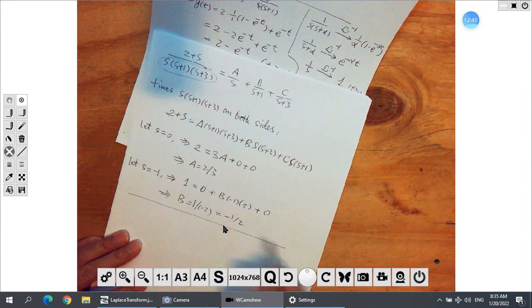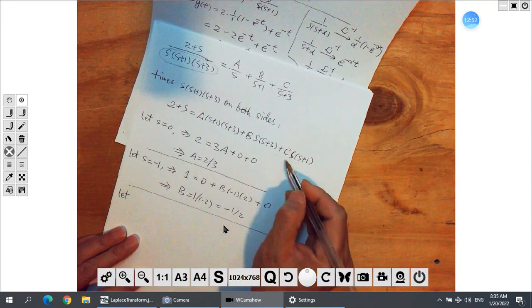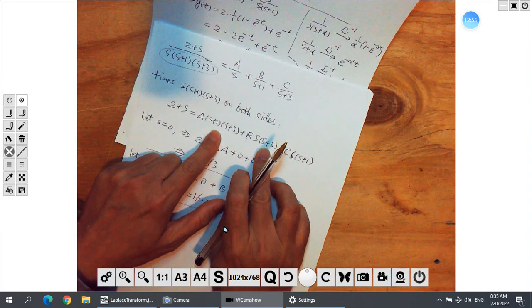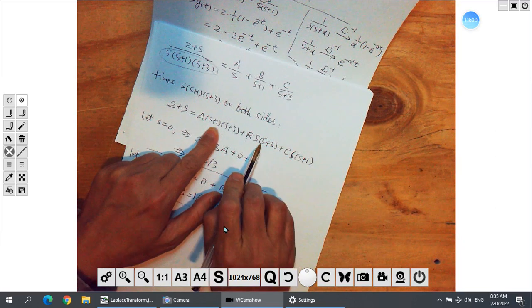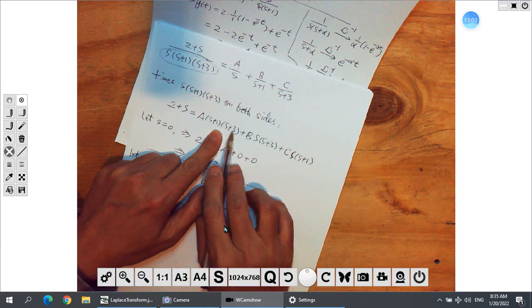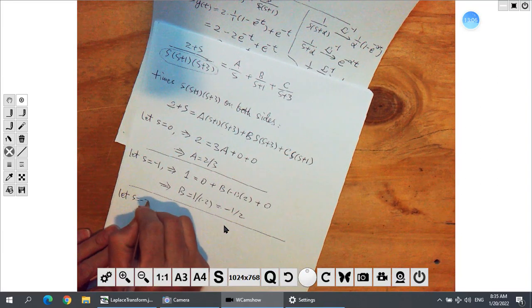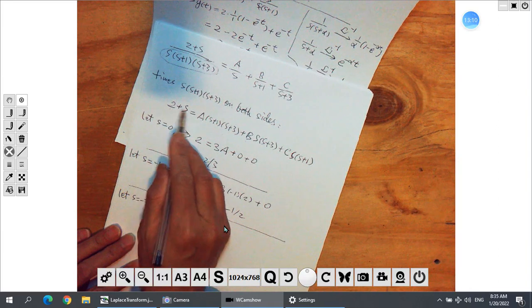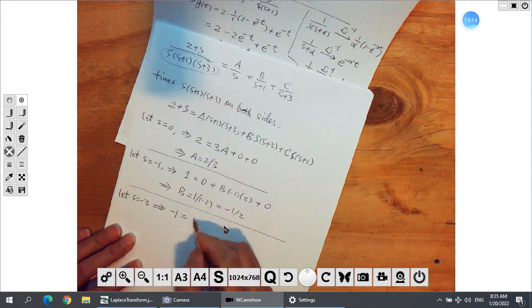And then the last one, we want to know what c is. So we pick a value that makes these two terms equal to 0. Which one? s equal to -3, right? Both will be 0. So s equal to -3 gives -3 plus 2, which is -1. The a term is 0, the b term is 0.